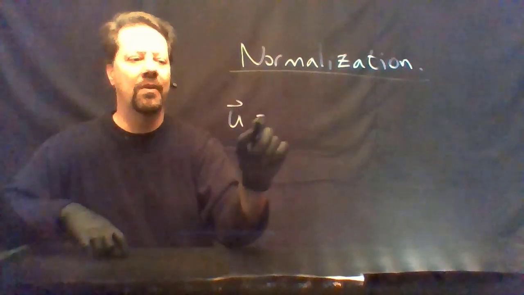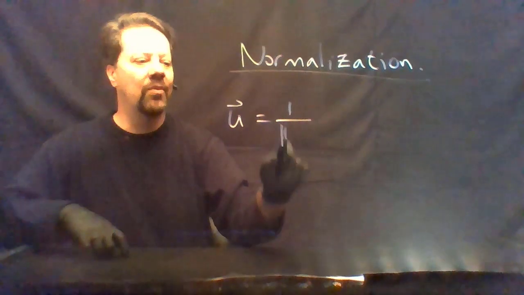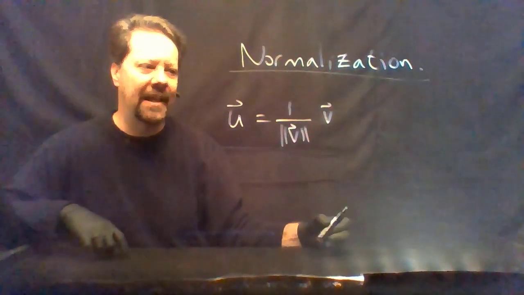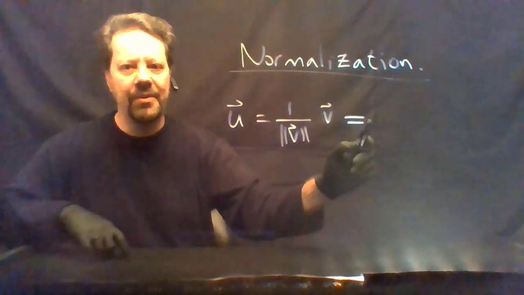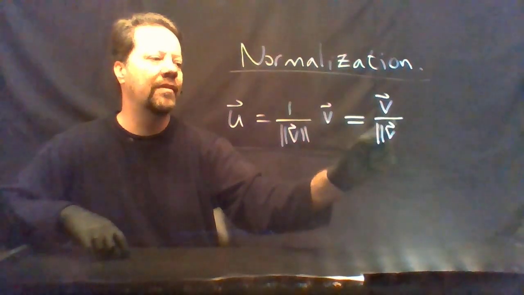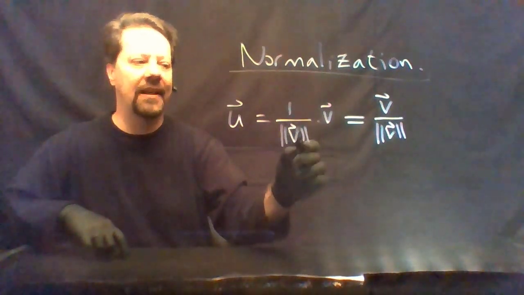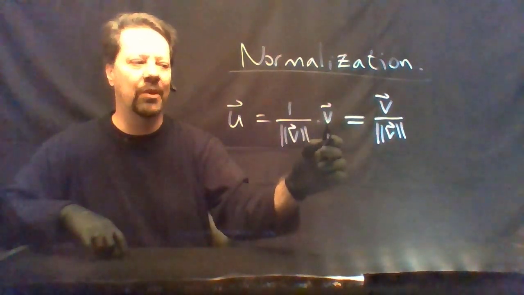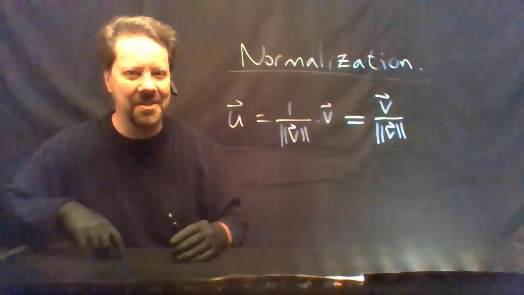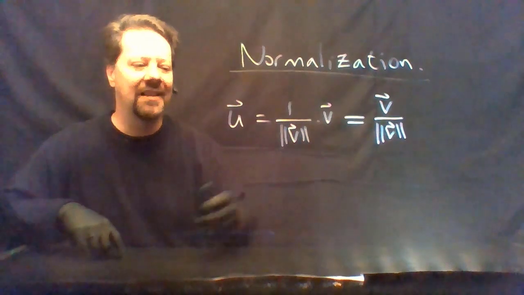The vector u, defined in the normalization process, is 1 over the norm of the vector v times the vector v. By an abusive notation, we will often write that as v over the norm of v. Technically, there's a scalar out front, and it has to be multiplied on by scalar multiplication. But it is customary, conventional, that we may write it as v over the norm of v instead.